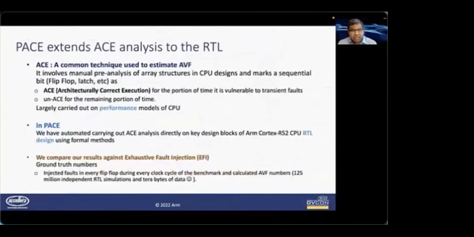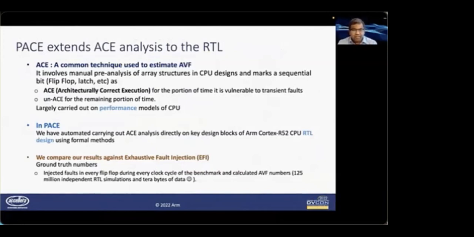ACE is a common technique used in estimation of AVF. It involves some pre-analysis of the CPU structures, looking at their behavior as a functionality. And in the presence of data accesses, you can deem a particular component as either ACE or un-ACE.